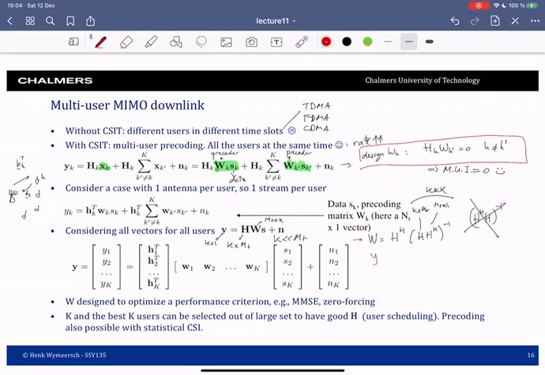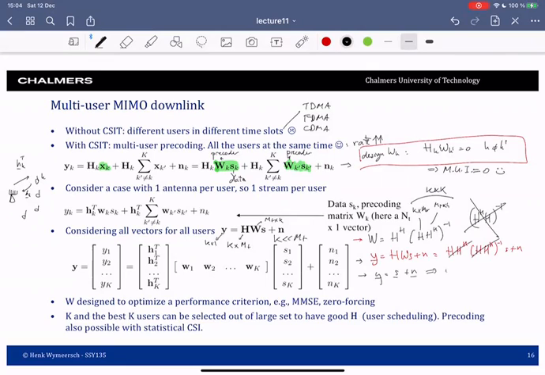What do we have then? Y is equal to HWS plus noise. All right, plugging in W, H times H Hermitian (H H Hermitian) inverse S plus noise. Then these cancel out, so then I find that Y is S plus noise.